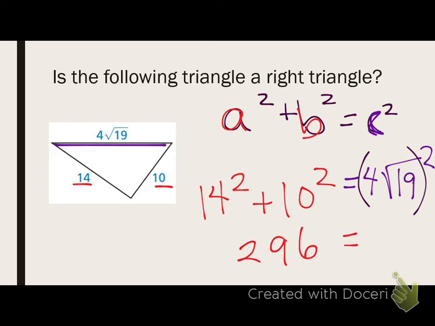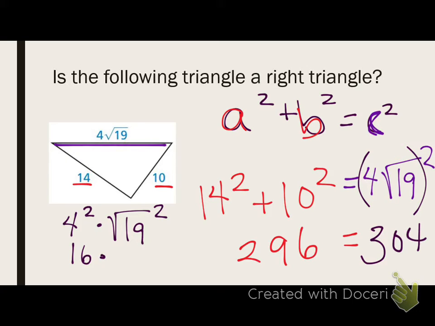It is 304. Here is why. The whole thing is being squared. The 4 is being squared, the square root of 19 is being squared. It's the same as 4 squared times the square root of 19 squared. 4 squared is 16, and then the square root of 19 squared is 19.